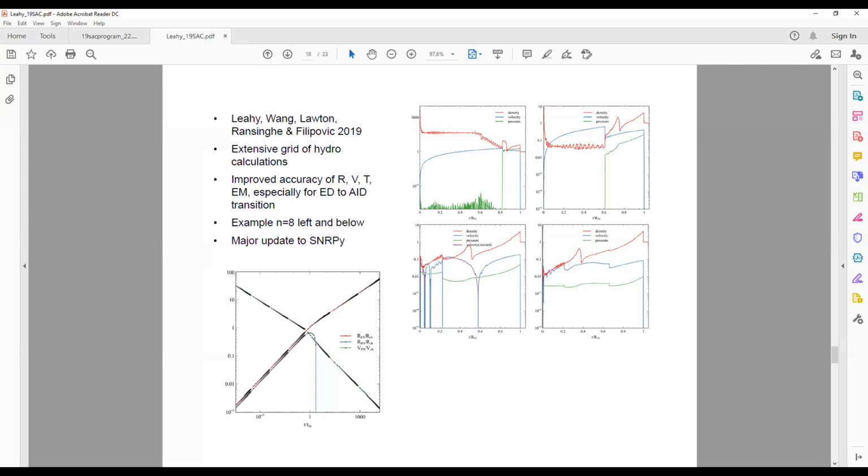Cassie is already well beyond that, because a significant fraction of the ejecta material has been shocked. So it's somewhere here, but it hasn't reached the center. We know there's cold unshocked ejecta in Cassie. Now this is a very simple model because it's 1D.